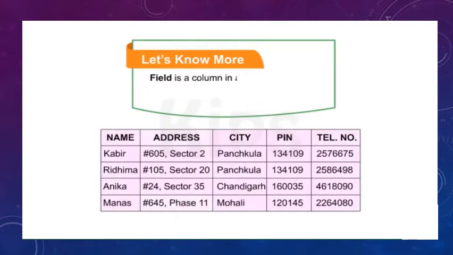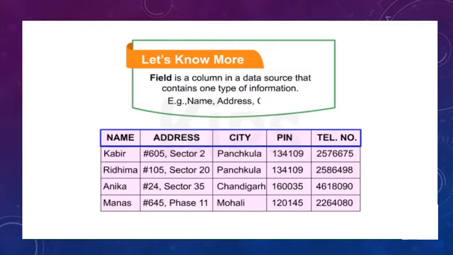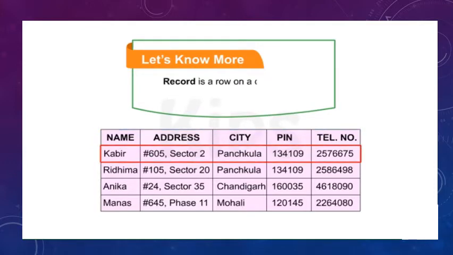Let us know more. A field is a column in a data source that contains one type of information, for example, name, address, city, etc. A record is a row on a data sheet. A number of fields make one record.